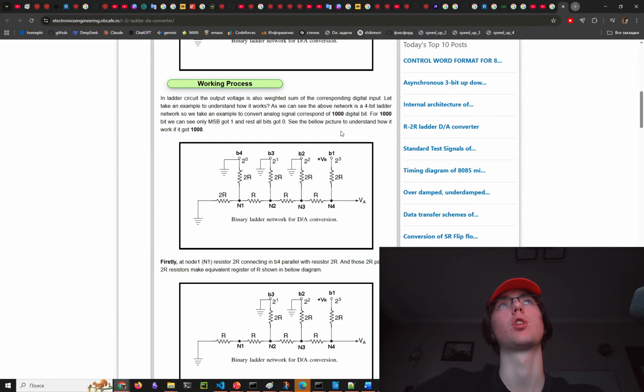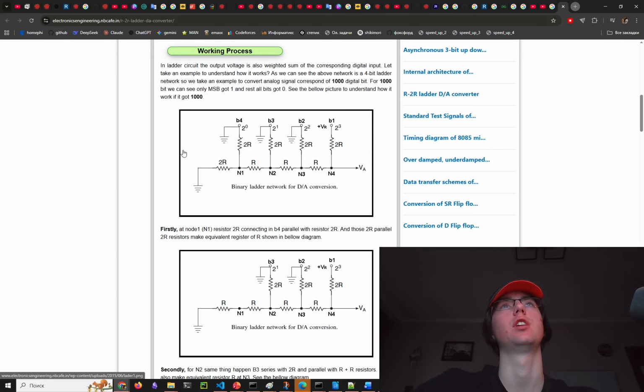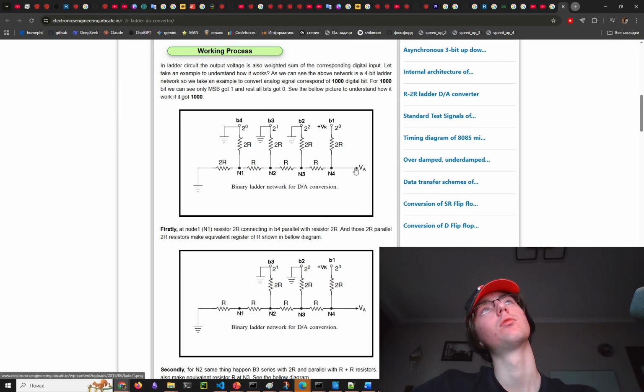For 1000 we can see only the MSB got 1, the rest of the bits got 0. See the picture below and how it works.